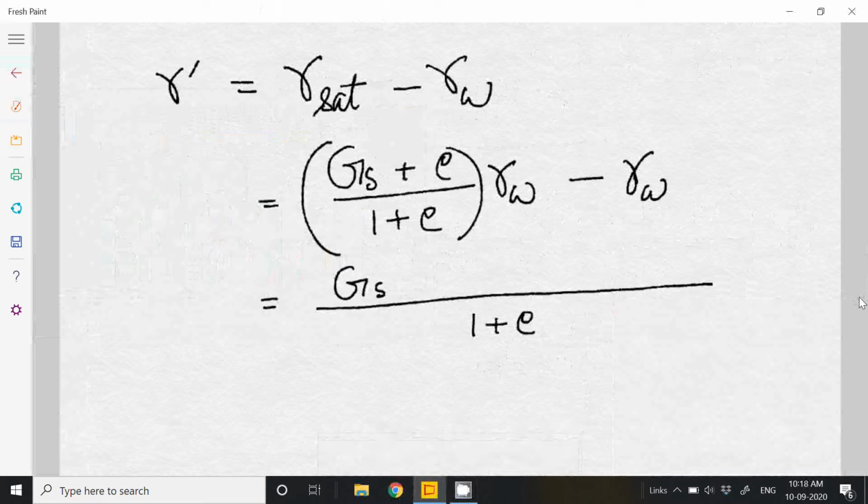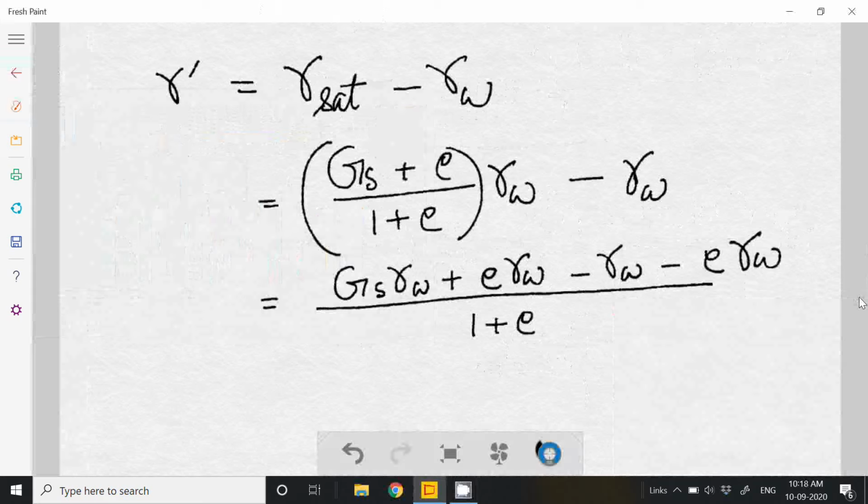Gs minus 1 into unit weight of water, so I am just simplifying it. This gets cancelled.